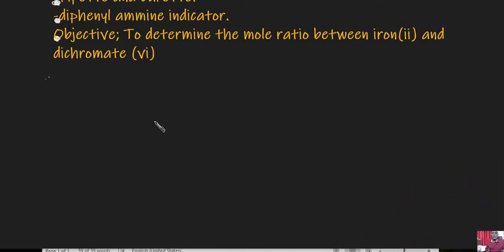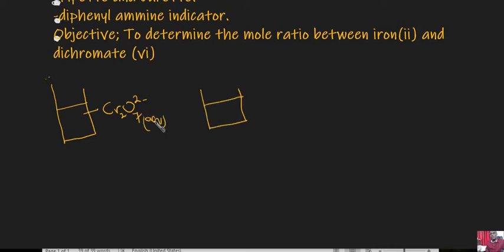Let us now start to calculate. I want to remind you that we had a titration involving two solutions. One was a solution of dichromate 6, and the other was a solution of iron 2. This is a redox titration.